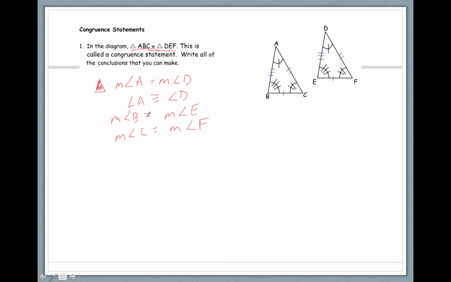B and E are both listed second, they are equal. C equals F because they are written last. So it's got to be in order.